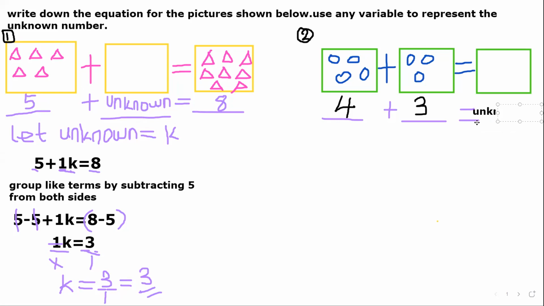Here is unknown because we don't know, so that place is unknown. Then you underline. Okay, good.